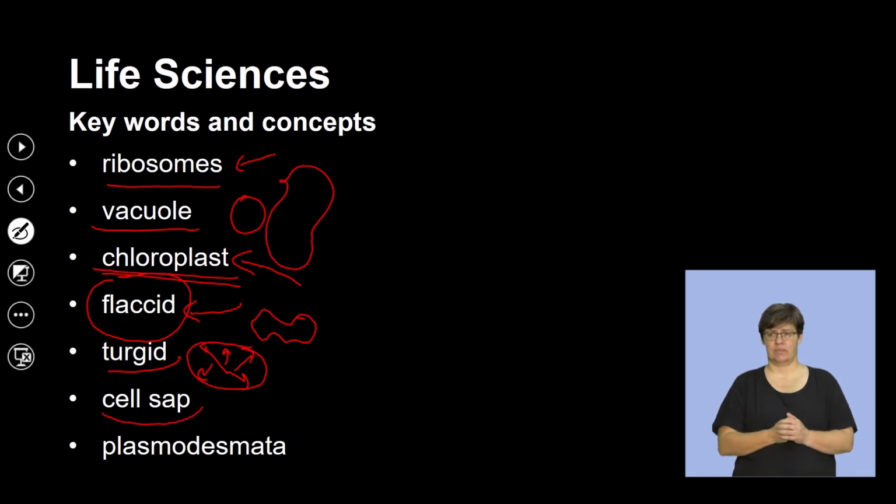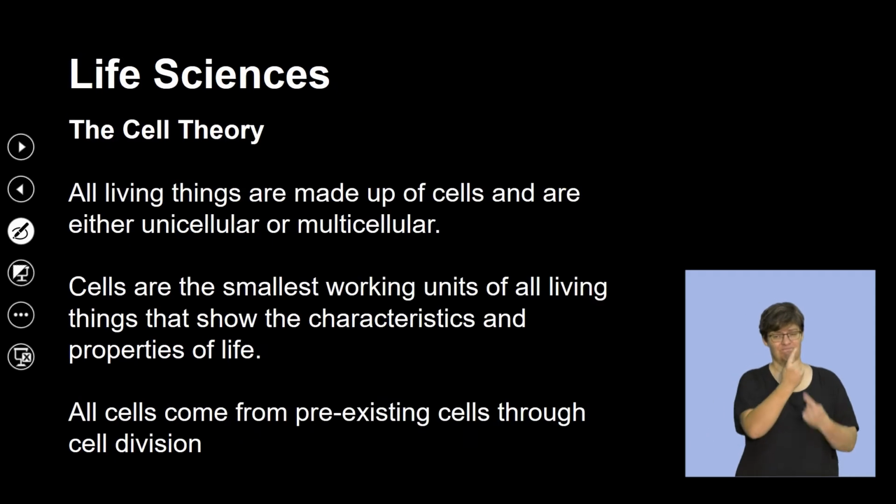Cell sap is the contents of the cytoplasm in a cell, and then the term plasmodesmata. Again, these are structures that allow cells to be connected. So we'll refer to these as we look at the different parts.